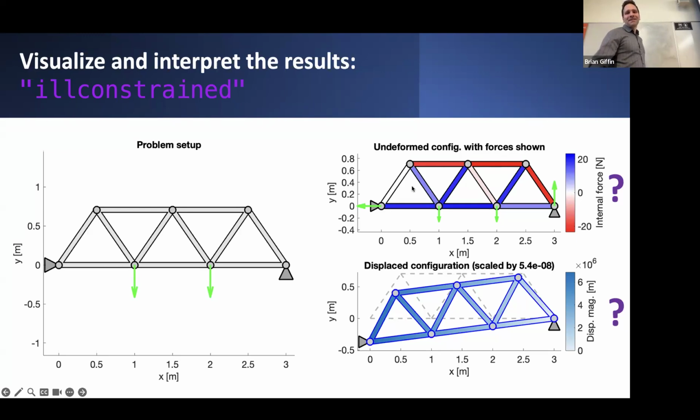So perhaps this is just numerical noise, but it looks totally random and weird. Still, the question remains, can we really trust these results? And how exactly did MATLAB come about getting these answers if we knew ahead of time that this is an ill-constrained problem? So what do you suspect is going wrong, based on your intuition? How did MATLAB get this?